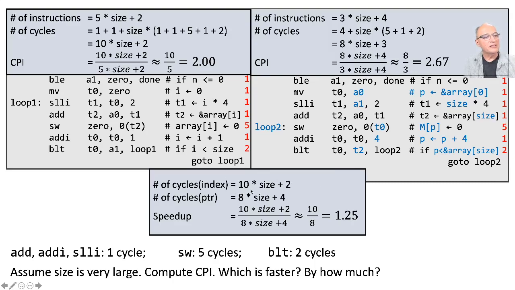The index version is executing 10 times size plus 2, and the number of clock cycles for the pointer version is 8 times size plus 4. When I divide this, I'll find that the pointer version is actually 1.25 times faster than the index version. So even though the pointer version has a higher CPI, it is faster than the index version that has a lower CPI.